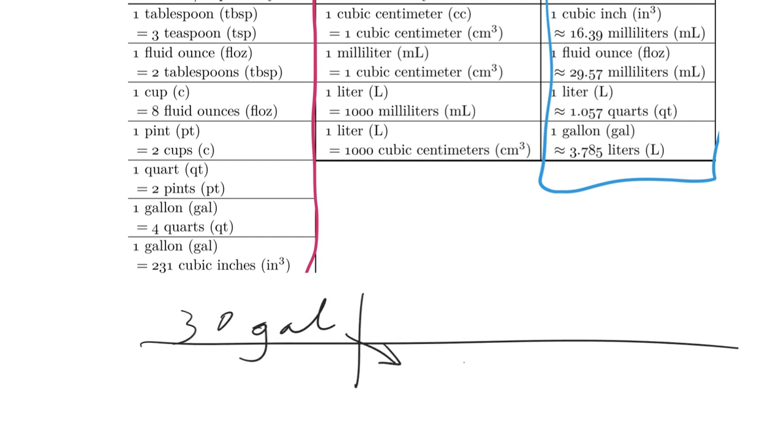And I'm trying to go from gallons to what? Cups. So is there a conversion factor for cups to gallons? Let's look. We got cups here. Let's find all places cups are. Cups to ounces. 2 cups to pints.